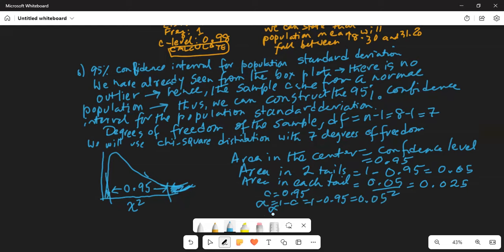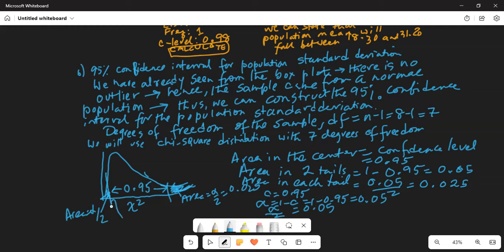So the area in each tail is alpha by 2, which is 0.025, and this area is also alpha by 2.